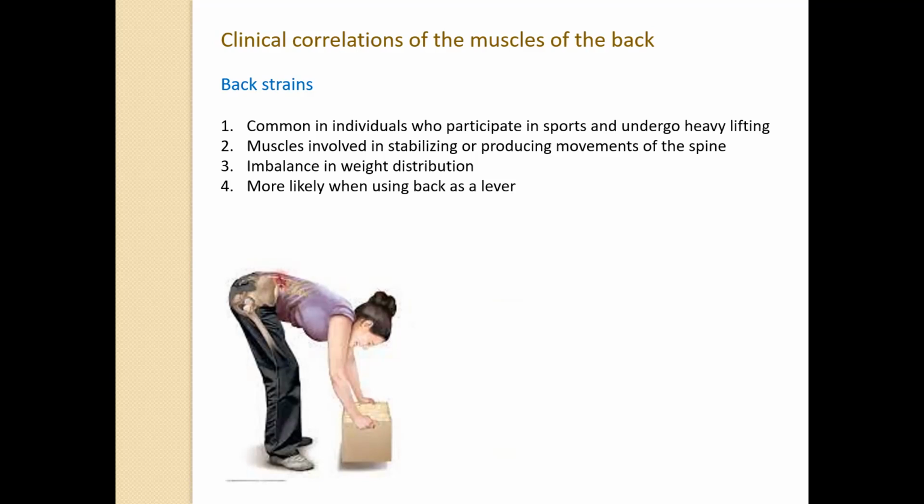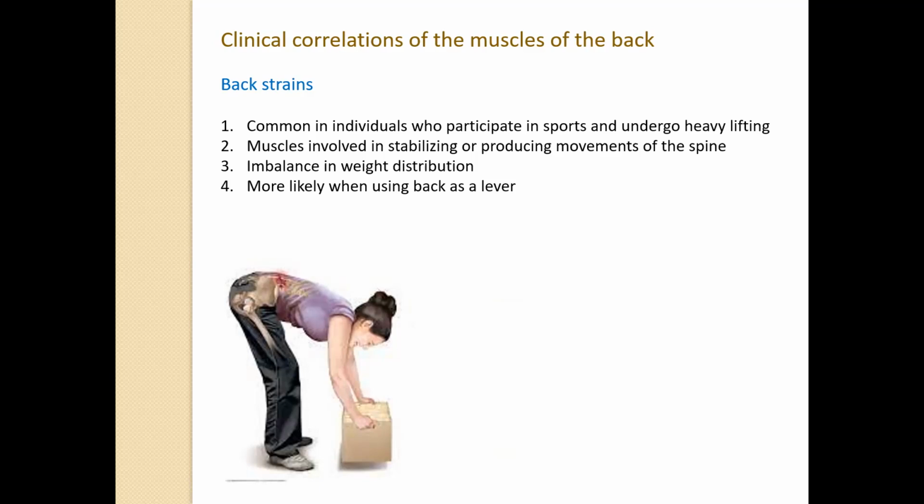One is back strains. This is common in individuals who participate in sports and heavy weight lifting. This occurs in the muscles involved in stabilizing or producing the movements of the spine, particularly the erector spinae muscles.